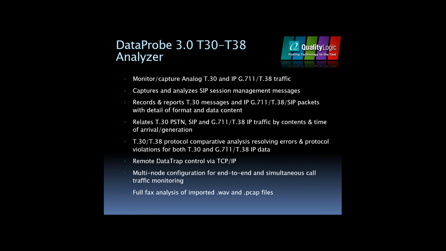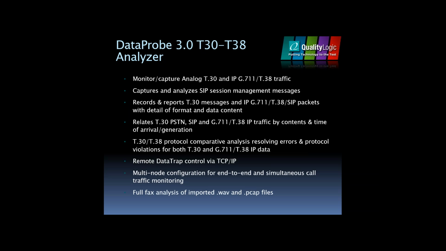T30 is a series of data messages, either control or actual transmitted page data, that are sent one at a time over a PSTN circuit, and they have specific time delays placed between them, specific structures and content, and it's a half duplex system. You send one way, then you send the other way. To do that over an IP system, you have to do basically one of two things.